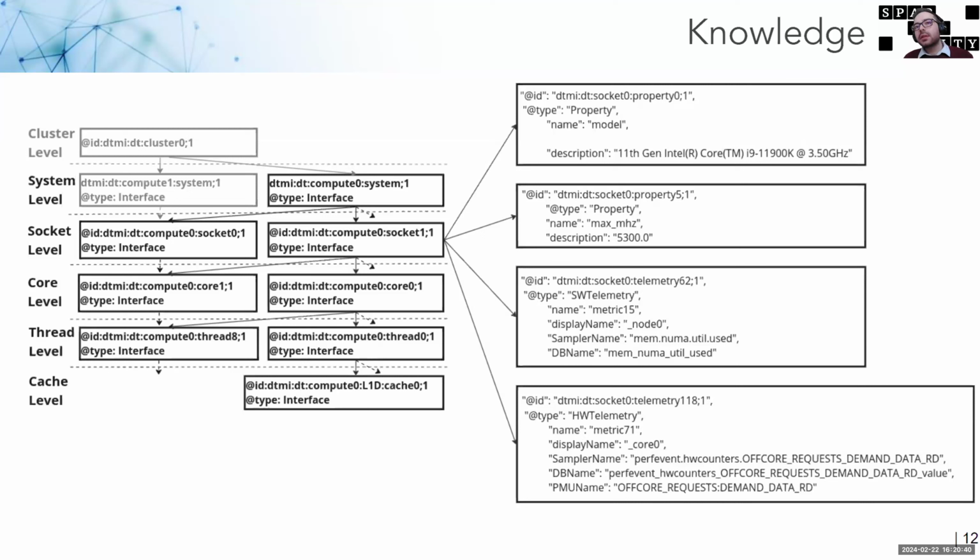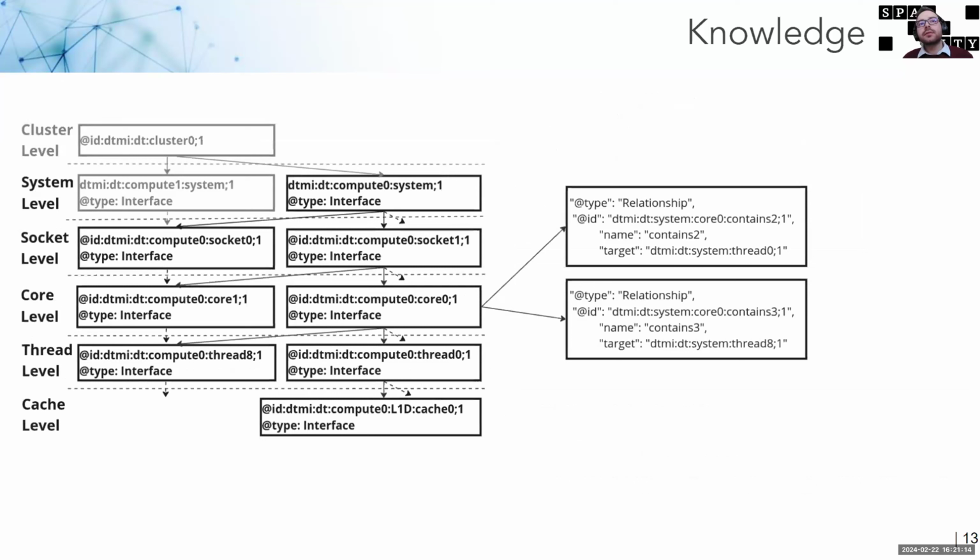We can have software telemetries from the operating system that is related to the socket, such as the NUMA memory that this socket is using from its own domain, or we can also have a PMU telemetry or hardware performance event telemetry that is related to this socket, such as off-core requests.